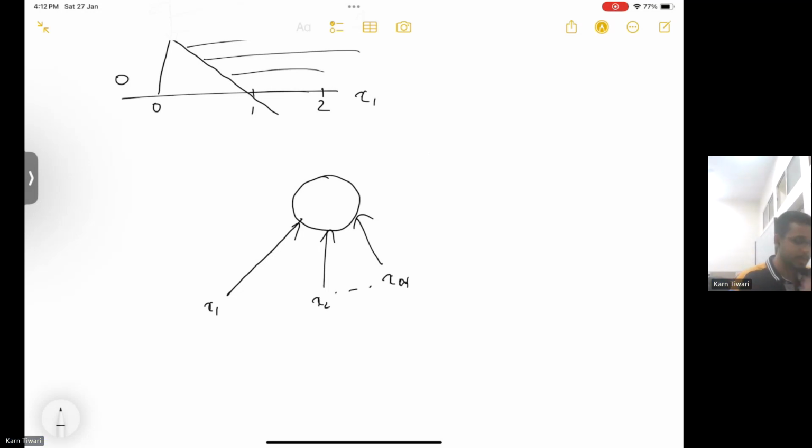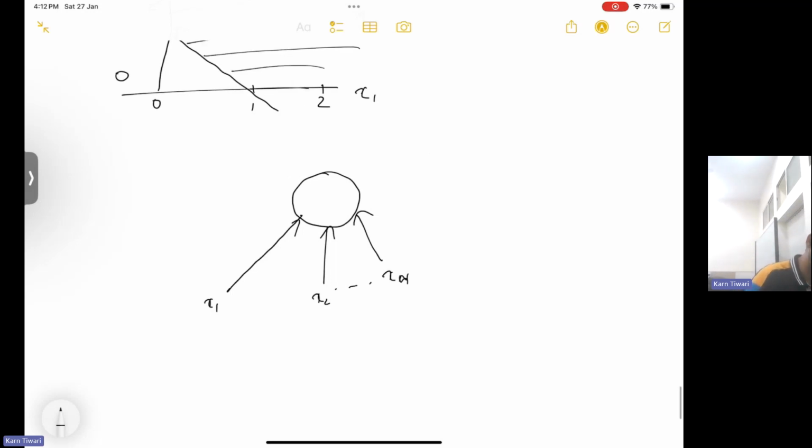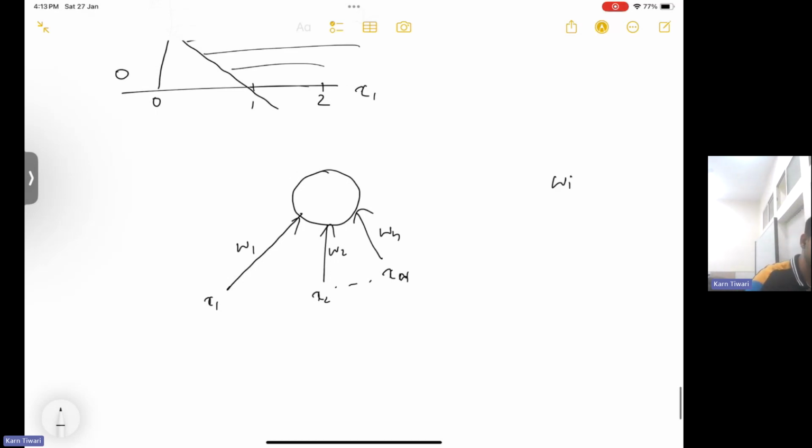And each input has a weight associated with it. These weights are not necessarily integers like 0 and 1. They can be any real number. Basically, my weight wi belongs to R, that is, a real number.